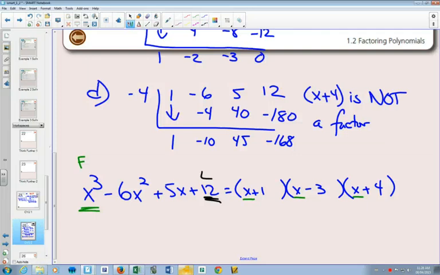And if I check my last factors, 1 times -3 times -4 does make 12.